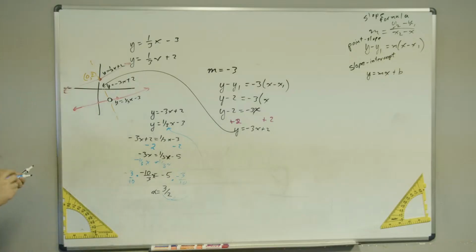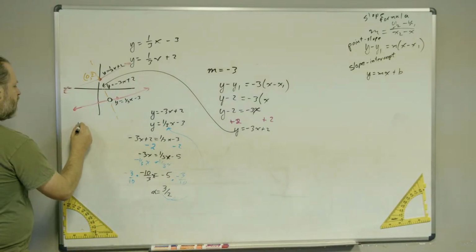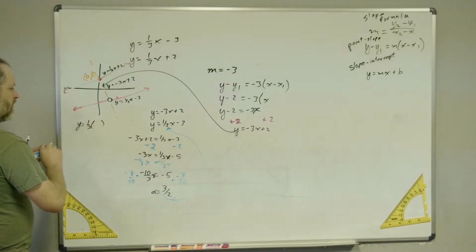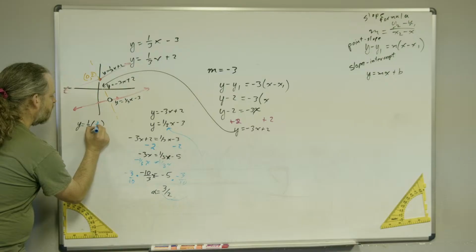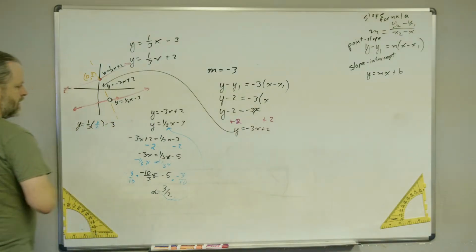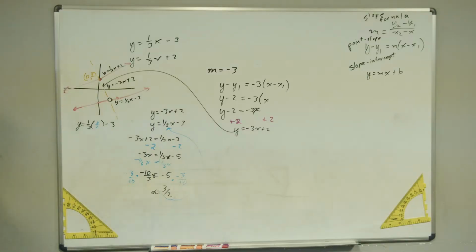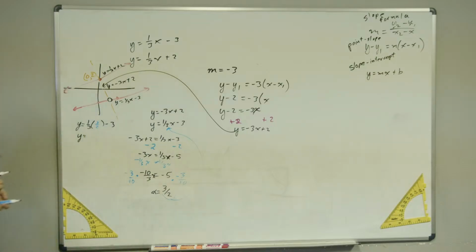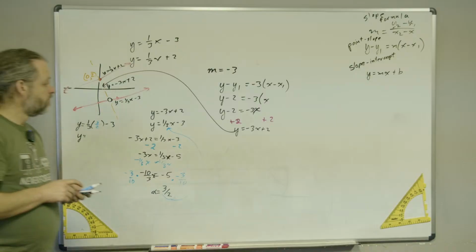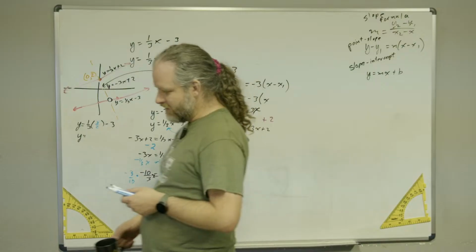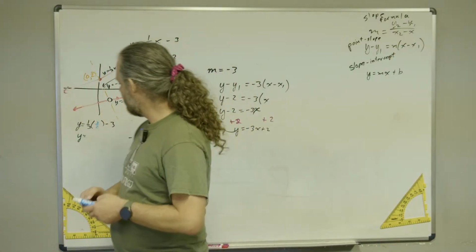Okay. So y equals 1/3 times 3/2 minus 3. What's a third times 3/2? Well, look, before you even punch it, stop and think for a second.